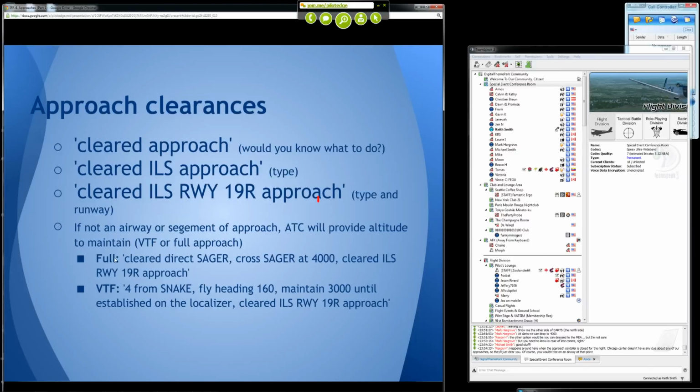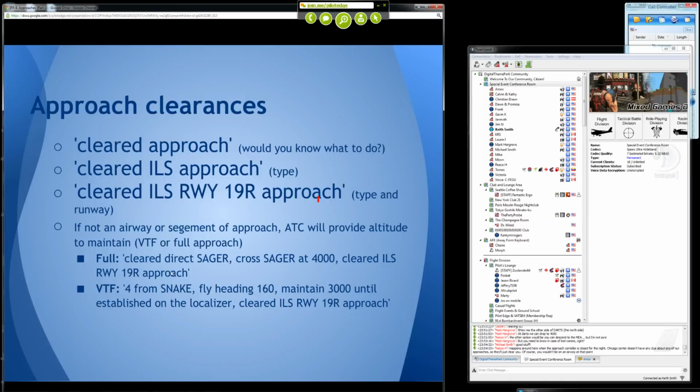Sorry, when I click it goes to the next screen, my mistake. But so if we're flying a full approach, you might hear something like cleared direct Sega, cross Sega at 4000, cleared ILS runway 19 right approach. Notice what's missing from that is your position. They never told you how far you were from Sega. That's because they're only required to give you a position when you're being vectored to the final approach course.